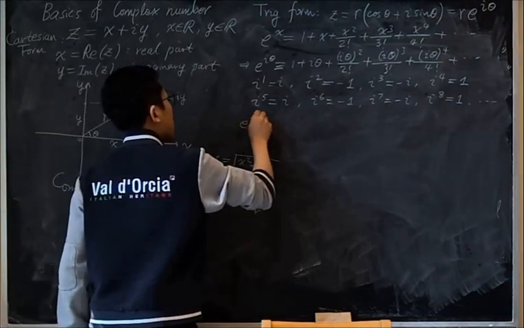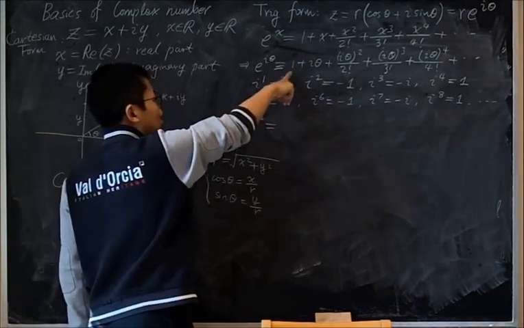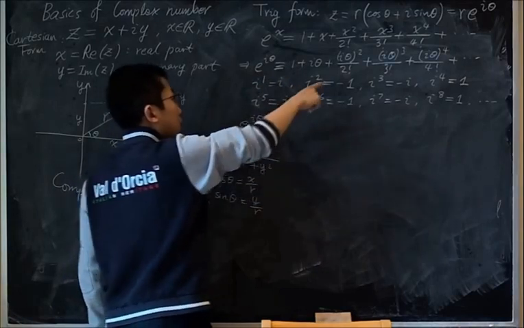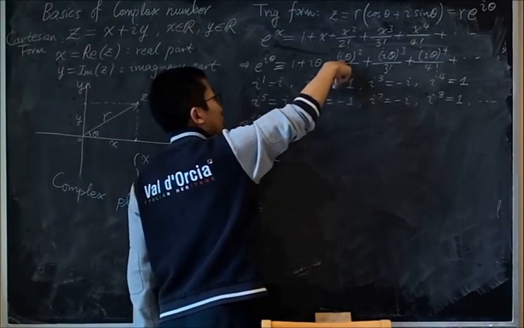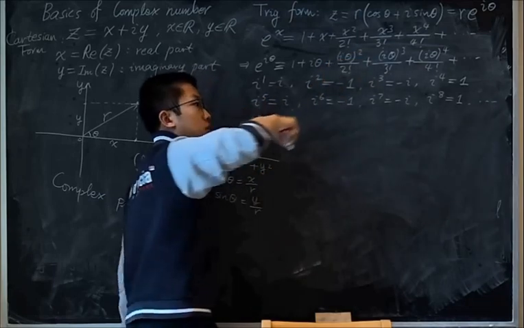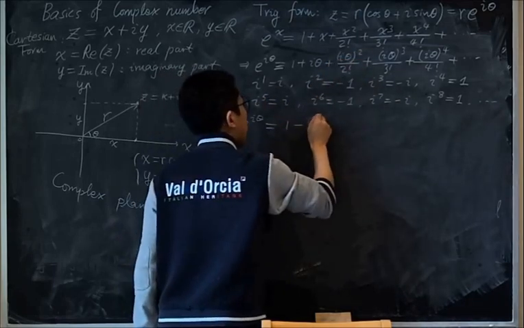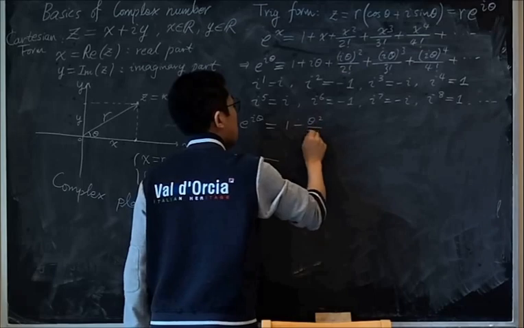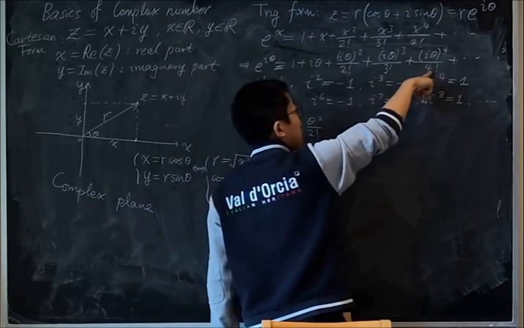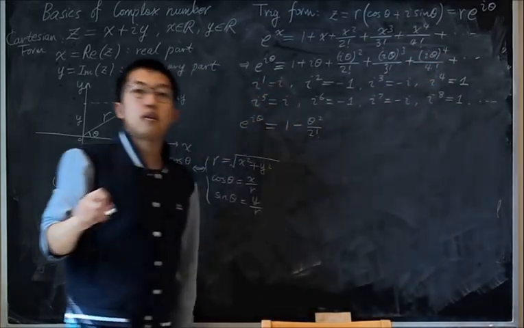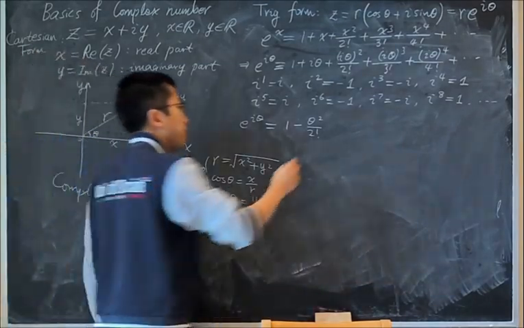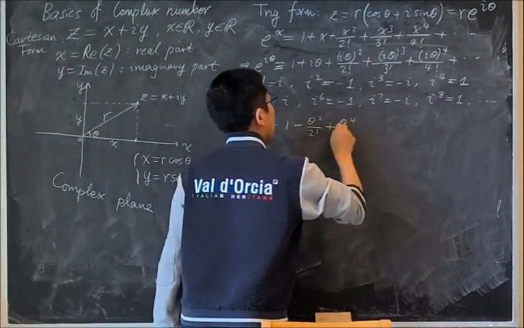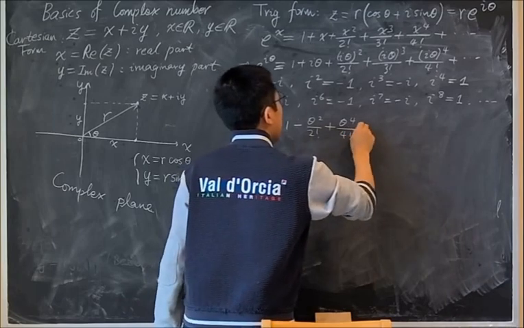Okay, so if we use this identity and plug it back in, let's see. e to the i theta equals, this is 1. And I'll talk about the even terms first. So i squared is negative 1, so that's negative theta squared over factorial 2. This term, i to the 4, that's 1, so it's just theta to the 4 divided by factorial 4.